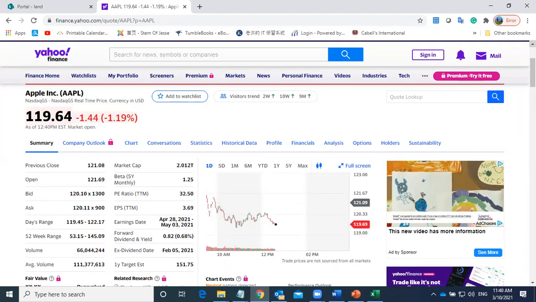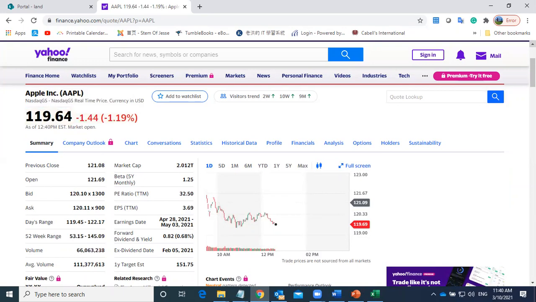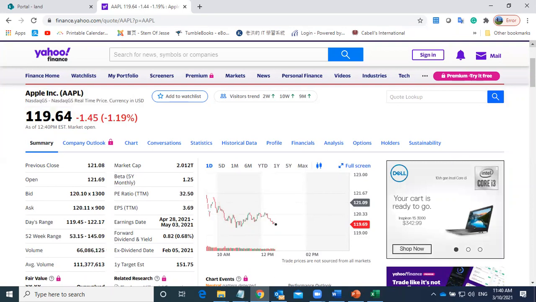That means beta equals 1. If the beta is 1.25, when the S&P 500 index, all the stocks, on average, increase 1%, your stock return will be 1.25%.